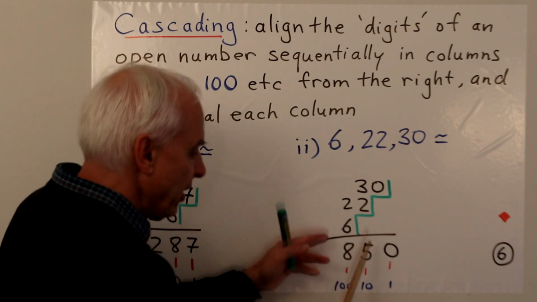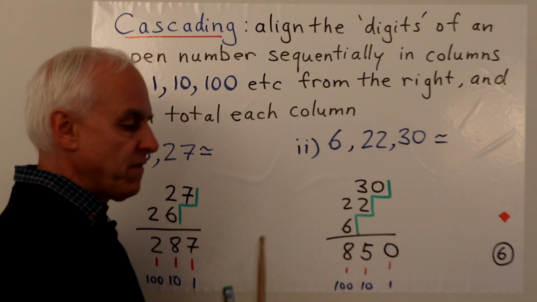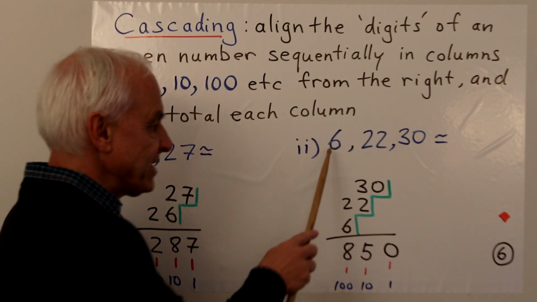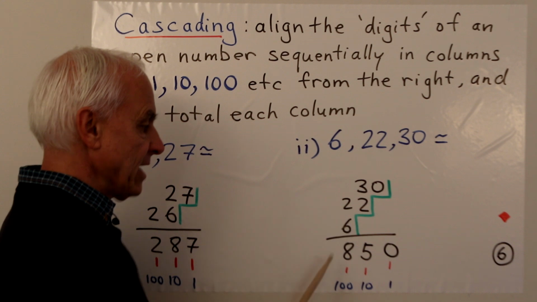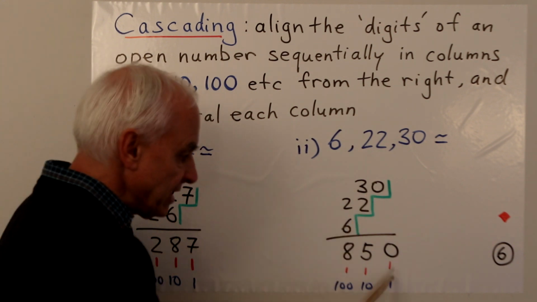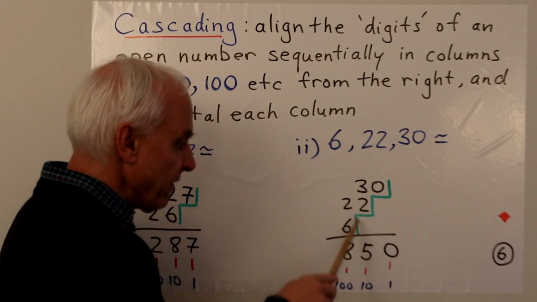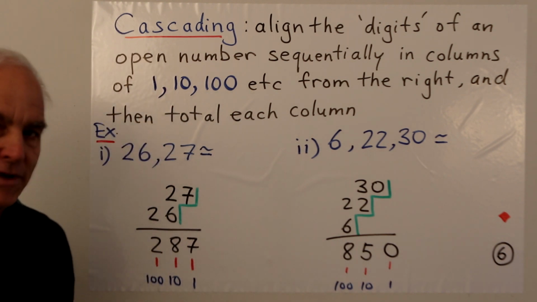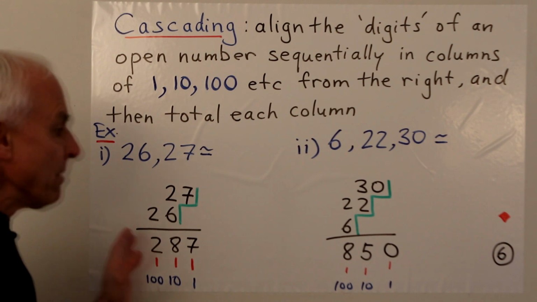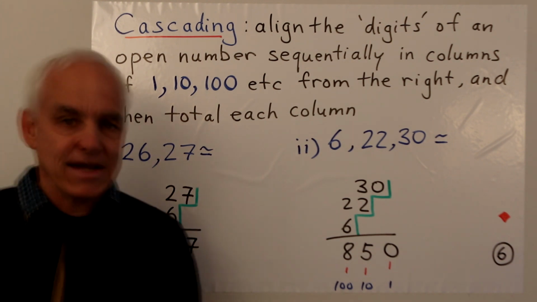So just placing it here already makes a conversion for us. And the 6 here is 6 hundreds, so it goes in the hundreds column. That's $600 bills. Now 0, 3 plus 2 is 5, 2 plus 6 is 8. And there we read off the answer, 850. So these are simple examples of cascading.